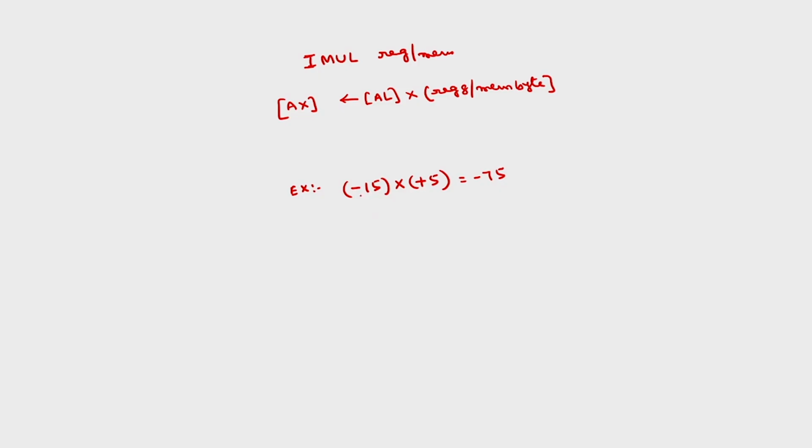If I want to take minus 15 into the BL register, what has to be loaded? The microprocessor understands only ones and zeros, not the minus sign. So minus 15 has to be represented in signed 2's complement representation.